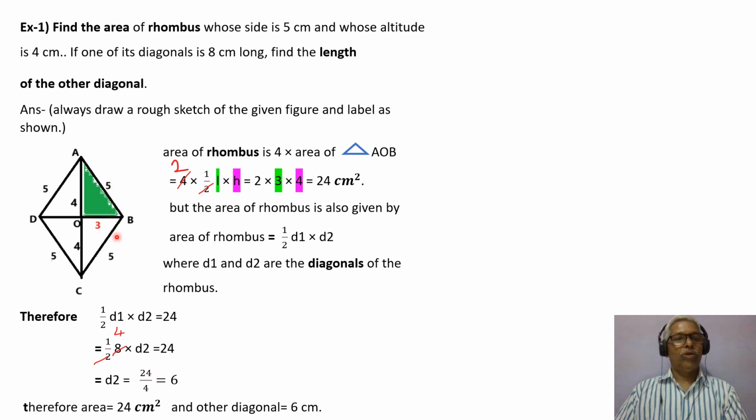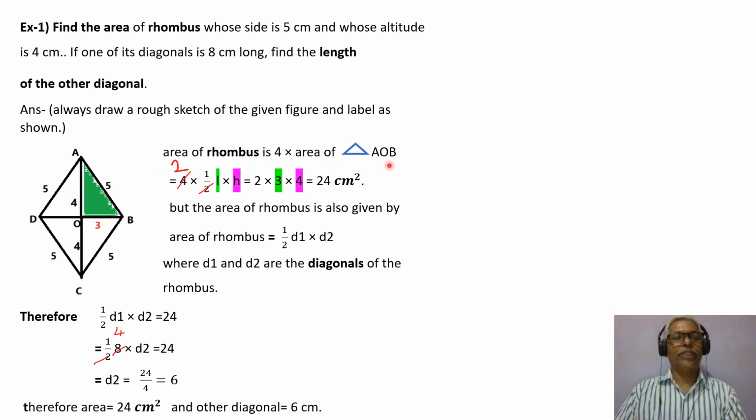So its length is 6, but we have to find it by another way. The area of this rhombus is 4 into the area of AOB. All these are equal, so we calculate the area of this and multiply it by 4, so that we get the area of the rhombus.